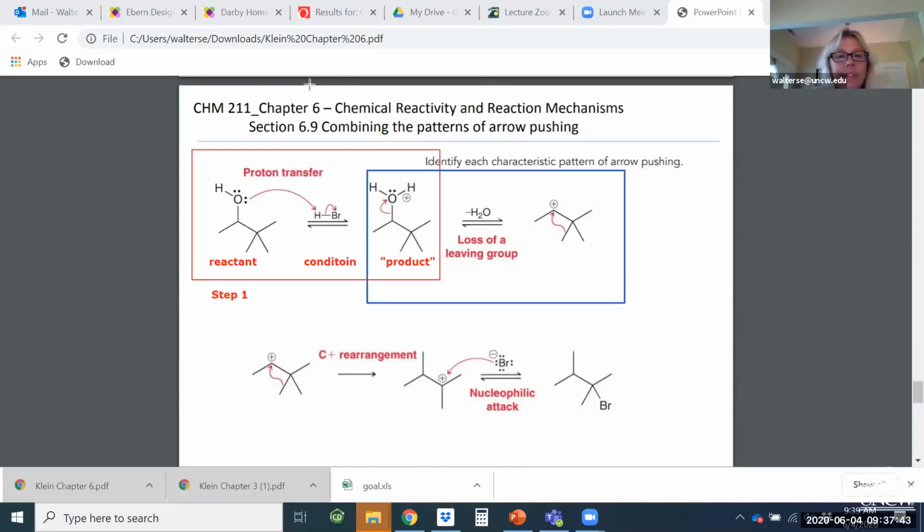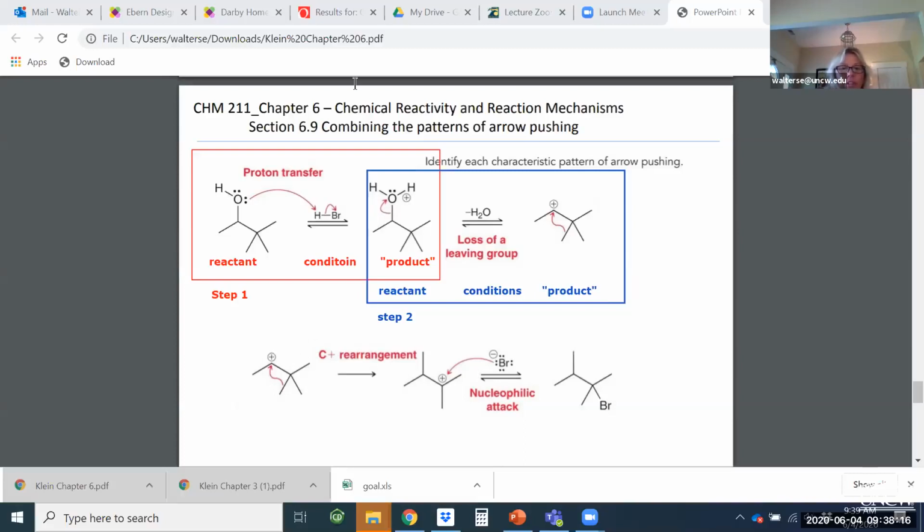So what's now in the blue box, this is step 2. Now this part is the reactant of step 2. These are the conditions. This is the product of step 2.